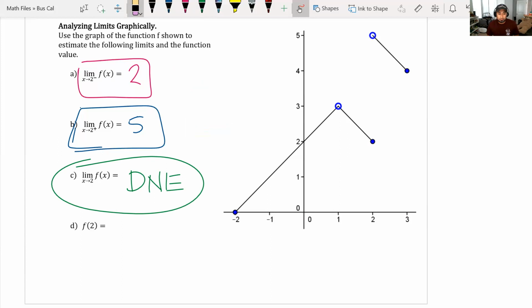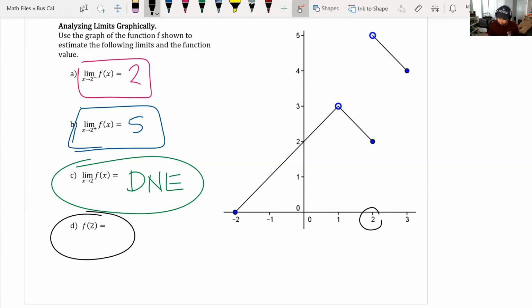Okay, and the very last one has nothing to do with limits. It has everything to do with points that are defined and undefined. So for the very last one, what this one says is, when x is exactly 2, what is the value of y? When x is exactly 2, what is the value of y?